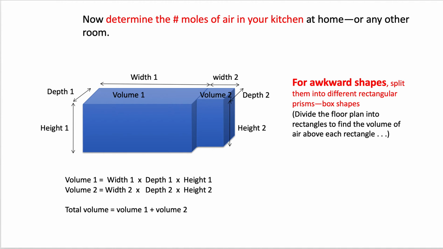And if it's more complex, you can add together 2 different rectangular prisms, as shown in the diagram here. So the volume 1, and then a volume 2. And you obviously don't have to include little window indents and other things like that, but recognize the difference to your answer that it might give you.